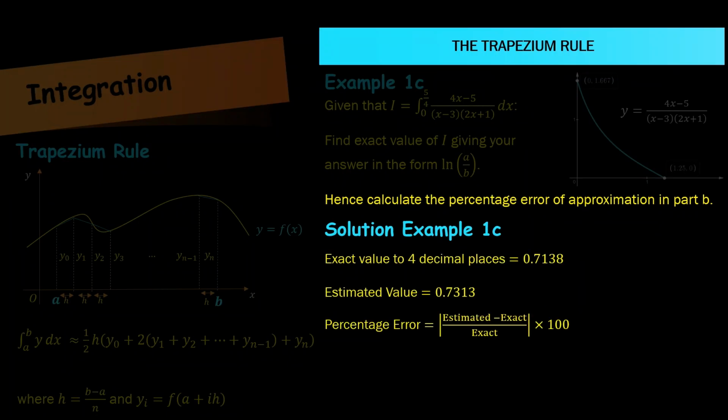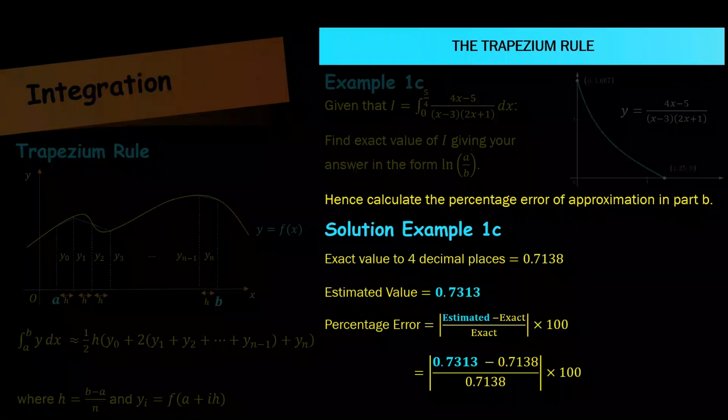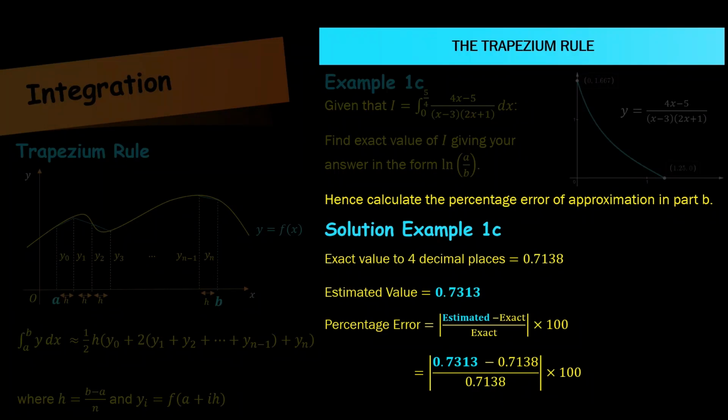The percentage error is equal to the estimated minus the exact divided by the exact times 100. So 0.7313, which is the estimated value, minus the exact value divided by the exact value times 100. And this equals 2.5%. And therefore the percentage error of the approximation in part B is 2.5%.